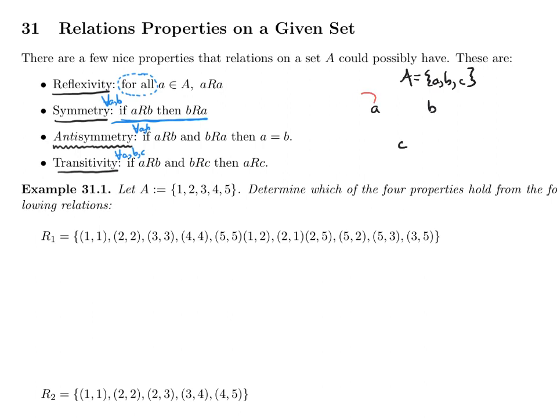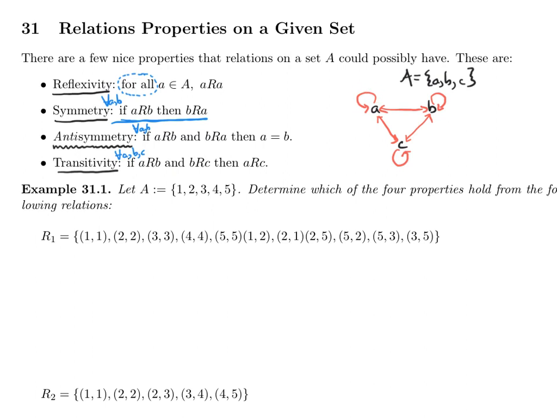Each element is related to itself, and each element is related to each other element in both directions. In fact, this is kind of a complete relation. Every possible ordered pair of A cross A is in here.